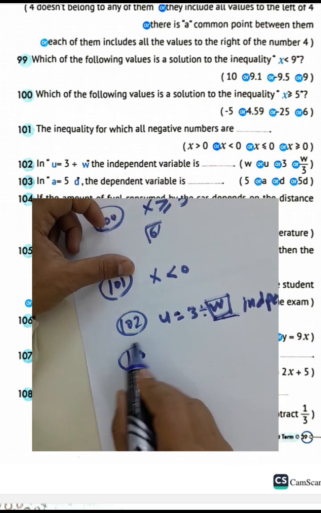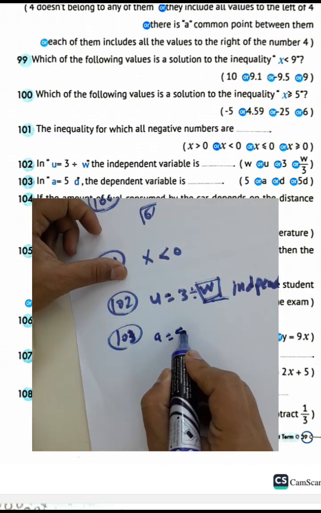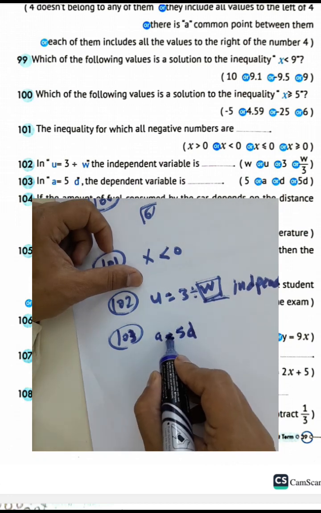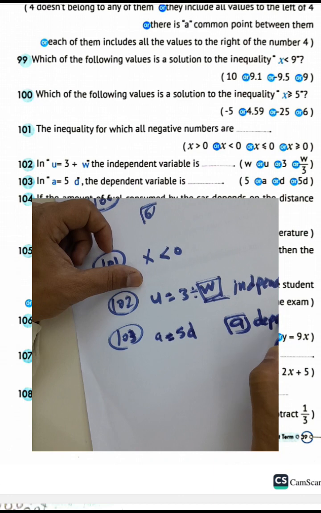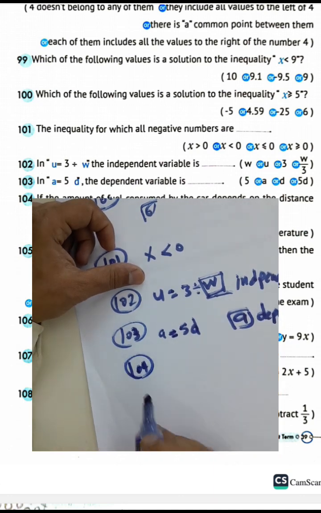And question 103. In a equals 5d, the dependent variable here will be a. We call it dependent.